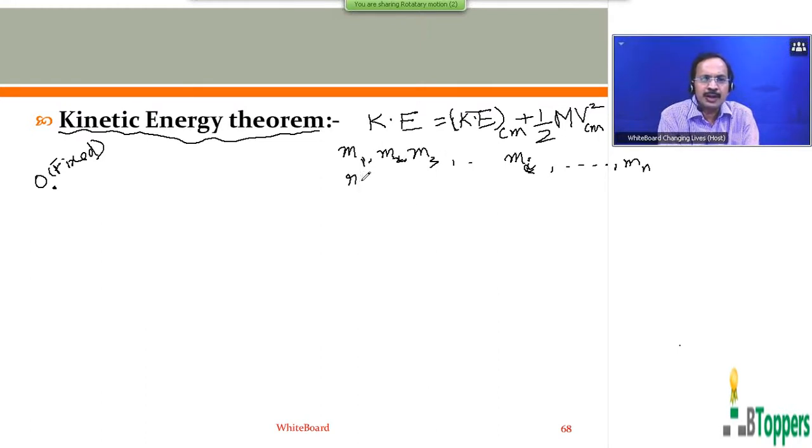Let r1 bar, r2 bar, r3 bar denote the position vectors of the individual particles with respect to the origin of the inertial frame of reference. Let r_i bar denote the position vector of the ith particle with respect to the origin of the fixed coordinate system.